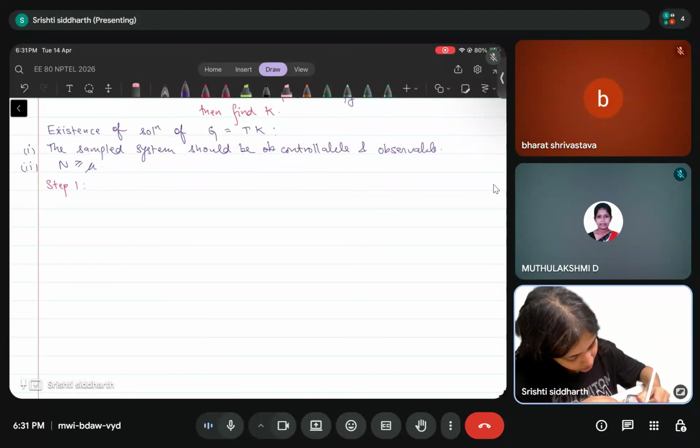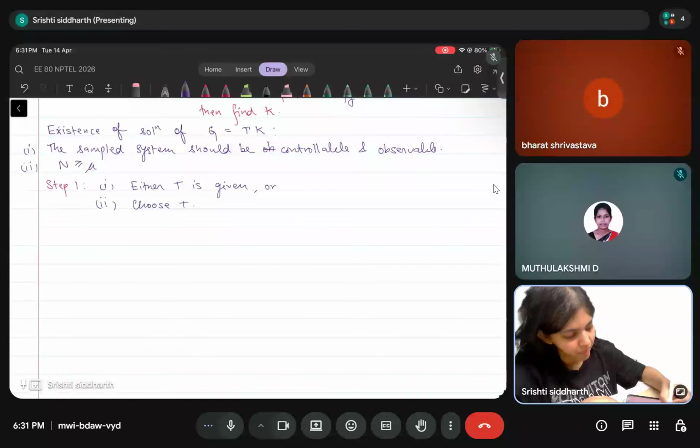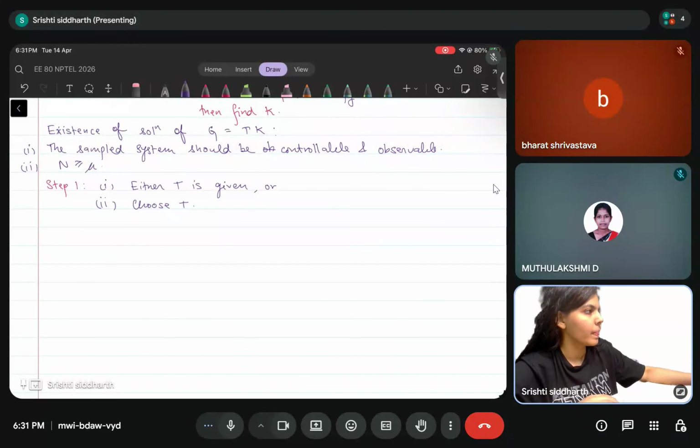So there are two options. Either T is given, or choose some sampling time T. So this is in seconds, right?